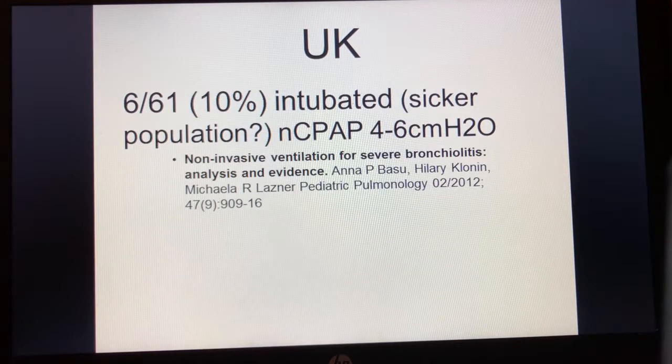In the north of England, in Hull, over a longer period of time, 61 infants treated with CPAP of again 4 to 6 centimetres of water, and they were able to suggest that this is a significant reduction in intubation.